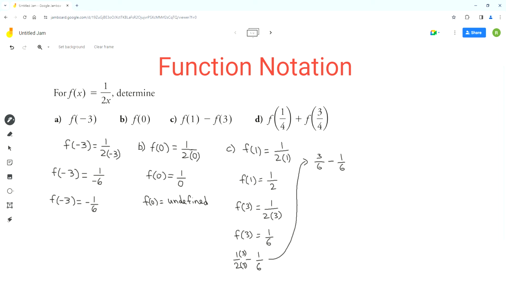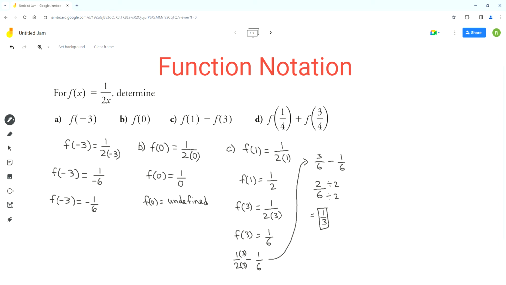So we do 1 times 3, which is equal to 3. Now we can subtract the fraction. So 3 minus 1 is 2. So we get 2 over 6, which can be reduced by dividing both numerator and the denominator by 2. So the final answer is 1 over 3. So this should be the final answer for part C.